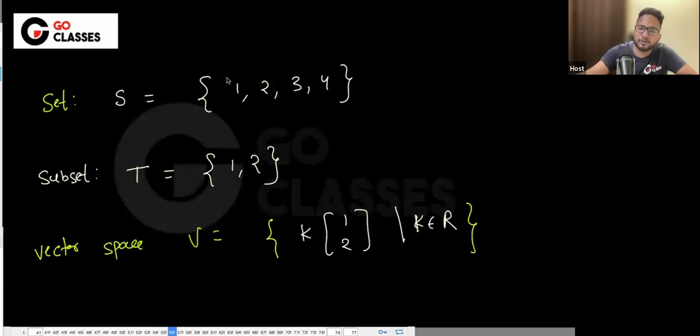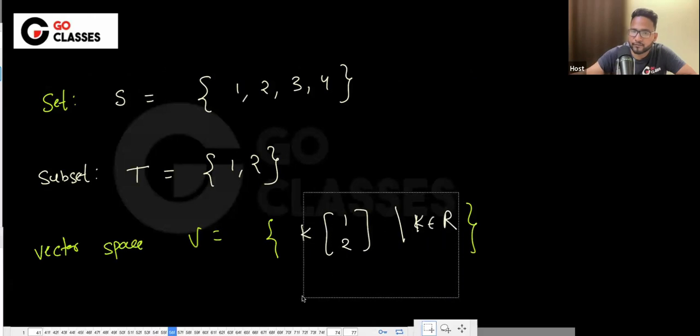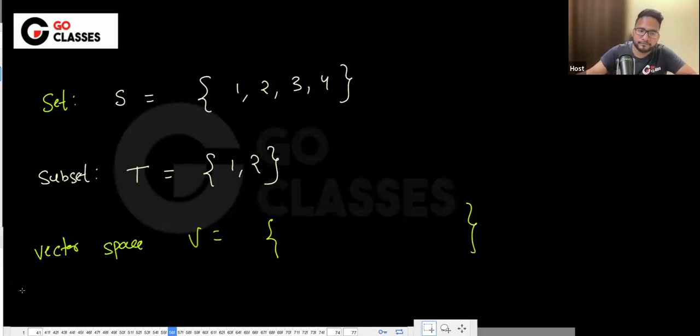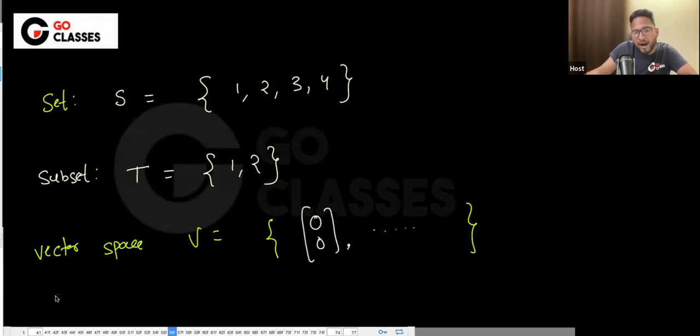So let's suppose I have a vector space where I have some set of vectors. Maybe this is 0, 0, and there are maybe other vectors. Now I can have a subspace of that vector space.